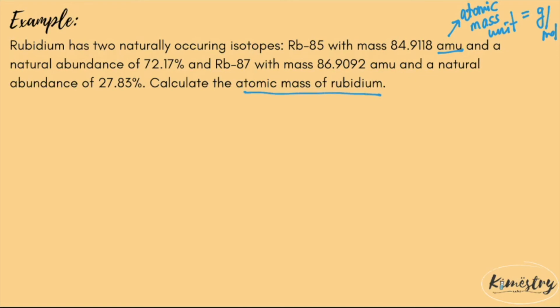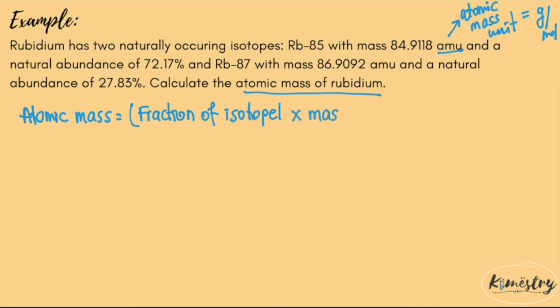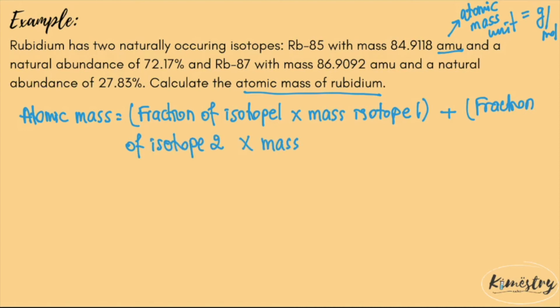So we would use the formula that we've seen. Atomic mass equals fraction of isotope 1 times mass of isotope 1 plus fraction of isotope 2 times mass of isotope 2.